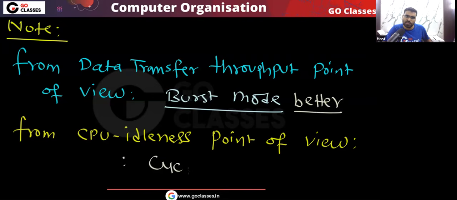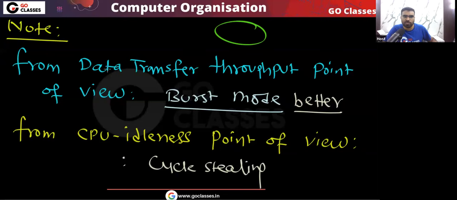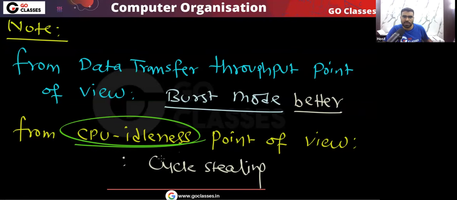Here cycle stealing mode is better, yes or no? Because in the cycle stealing mode, CPU is not idle for a long time. Also, it is possible that in the cycle which is stolen by the DMA, maybe CPU can do some other work, yes or no? Maybe in that cycle CPU does not need to access the main memory. So from CPU idleness point of view, remember, the cycle stealing mode is better.